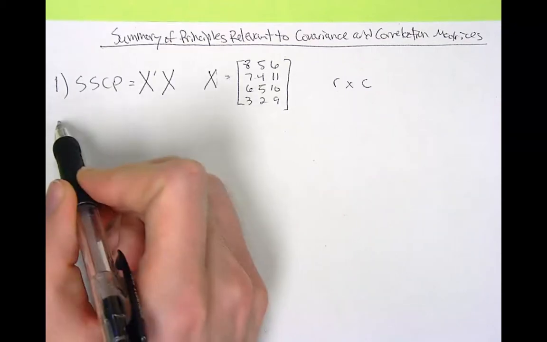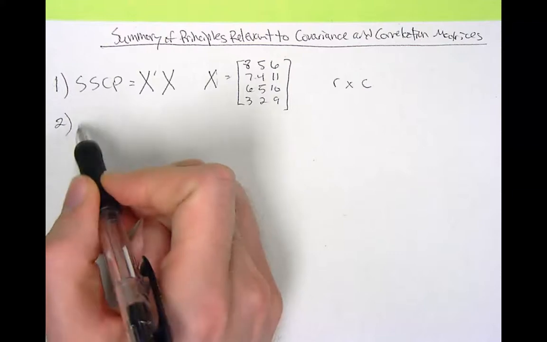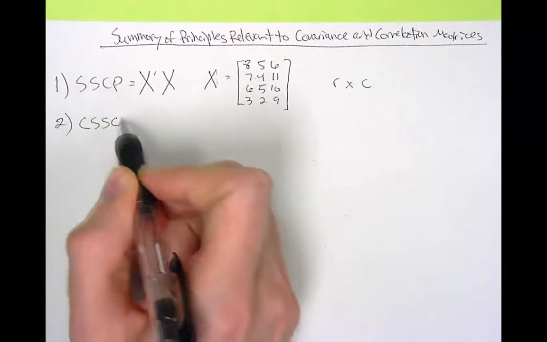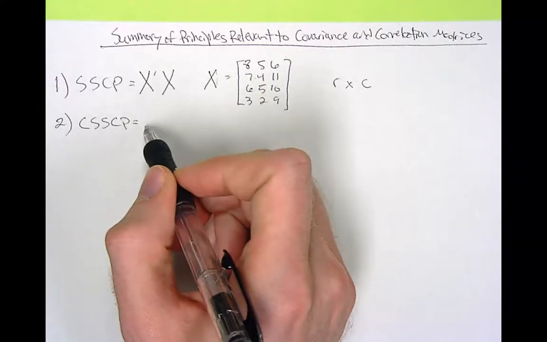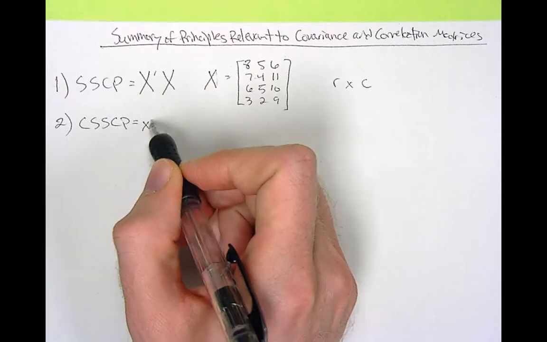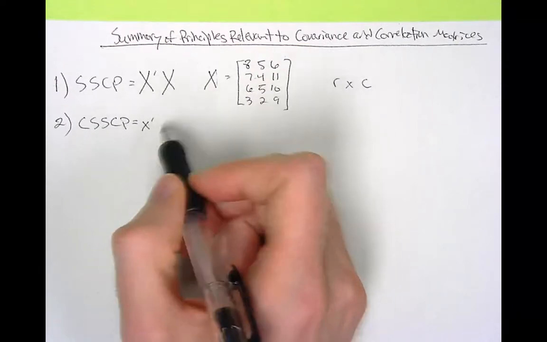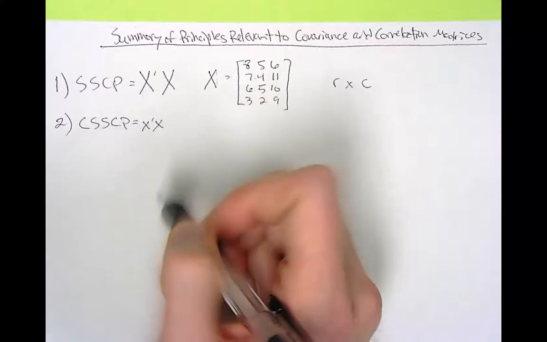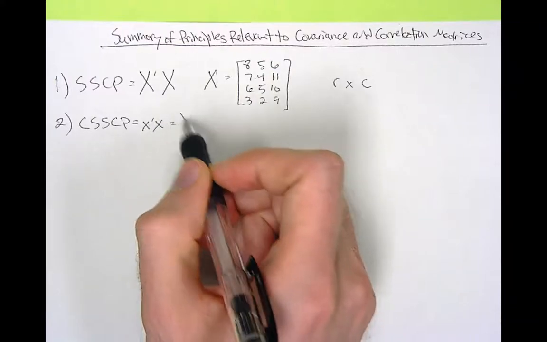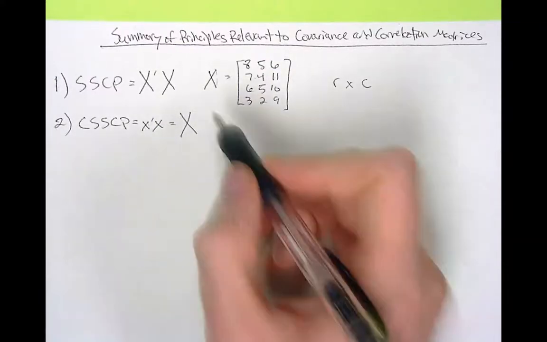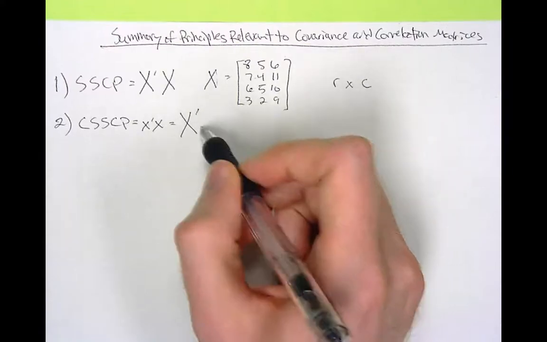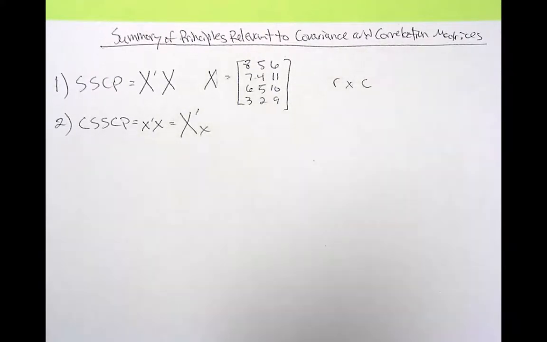The next one I want to talk about is the centered sums of squares and cross products matrix, which we know to be the deviation score transpose matrix times the deviation score matrix, which we also have found to be the transpose of the raw scores times the deviation scores. Now this is a special or restricted case of the sums of squares and cross products matrix.